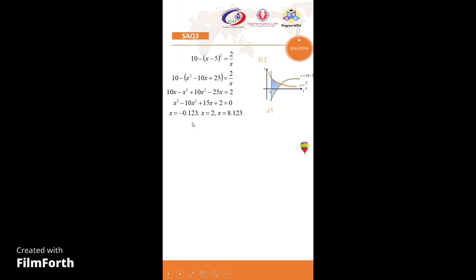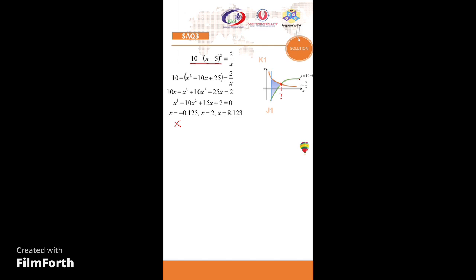Alright, so to decide which x to choose, since the upper limit is on the positive side of the x, we will reject the negative value. Okay, so we are left with 2 and 8. So if we draw the graph for the orange curve and the green curve, green is quadratic.